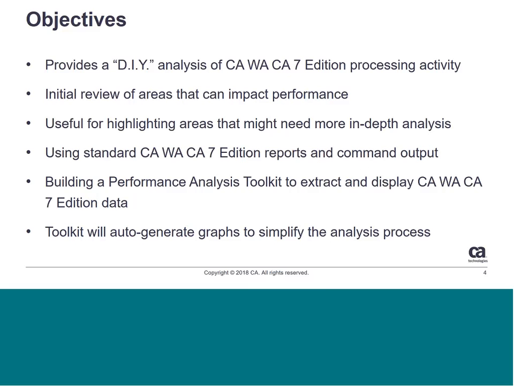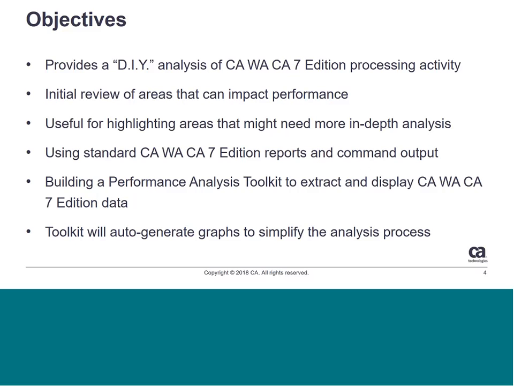And I thought, well, one of the things that could probably be done is for you as the customer to do it yourself in terms of initial review and analysis of your CA 7 system, and then call us in if you feel that things aren't looking good or you need a more in-depth analysis and so on and so forth. So what I'm trying to do with this session and the session on the 7th of February is to provide you with some information and mechanisms to do this DIY type of review.